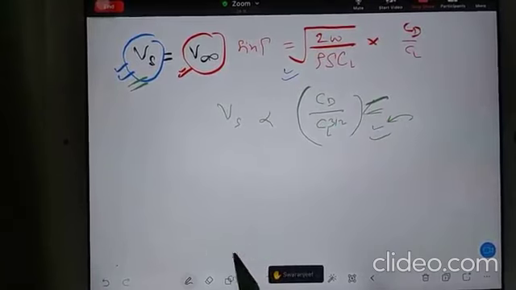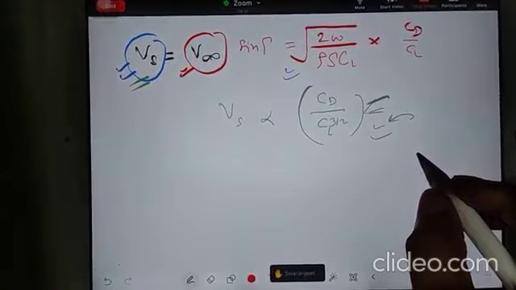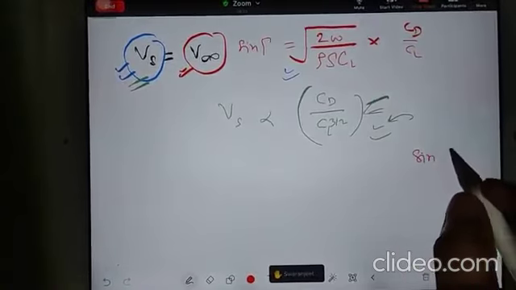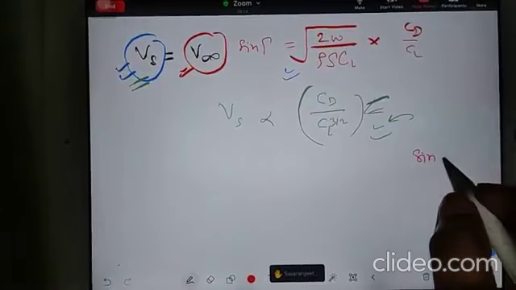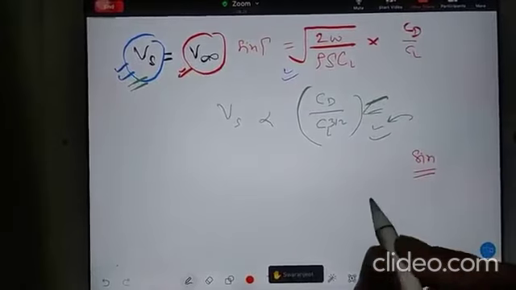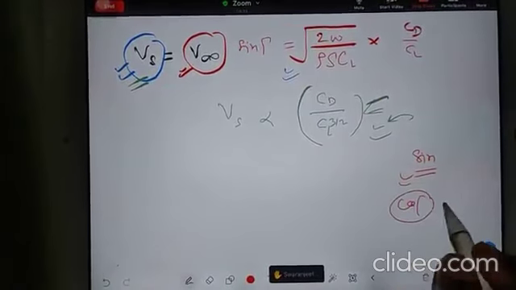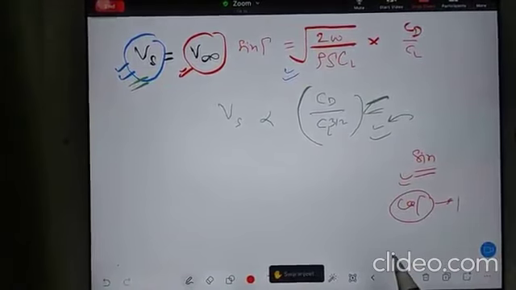No. Cos gamma, no. Actually, if you are saying your angle is small, in that condition we consider this cos gamma is 1. That's all.